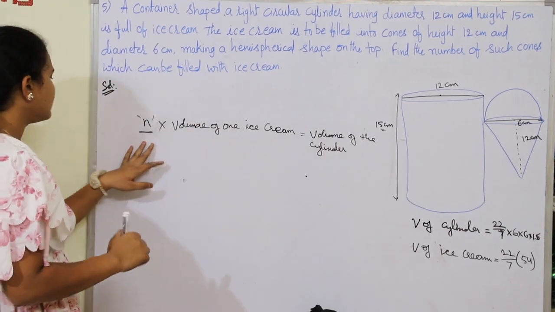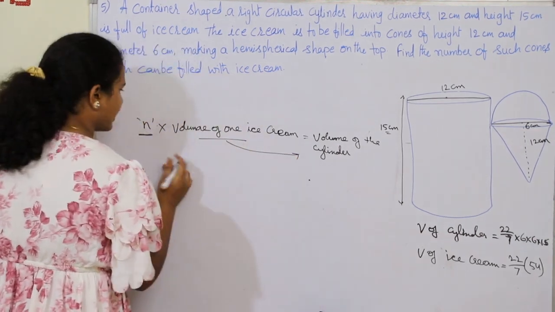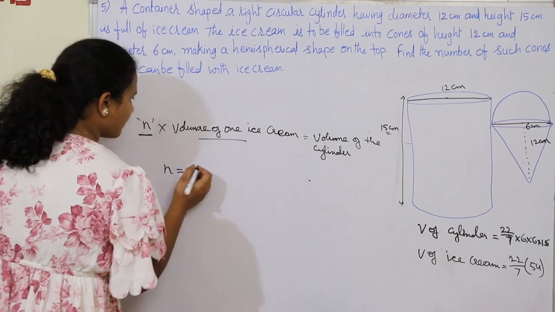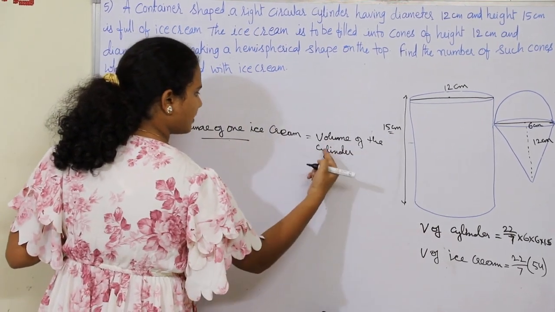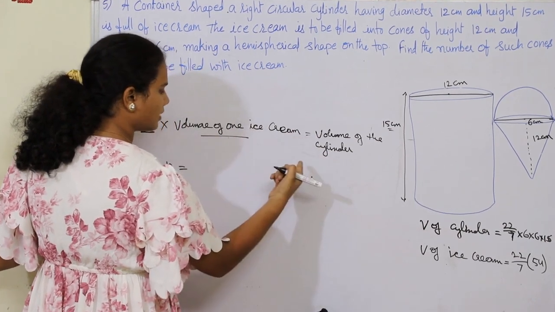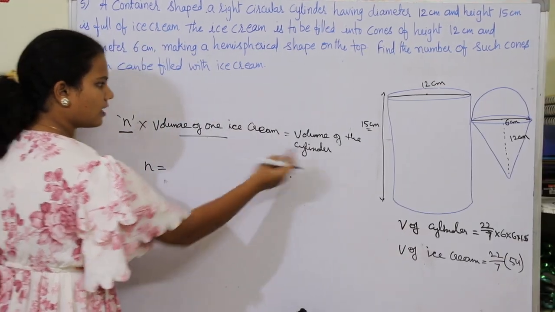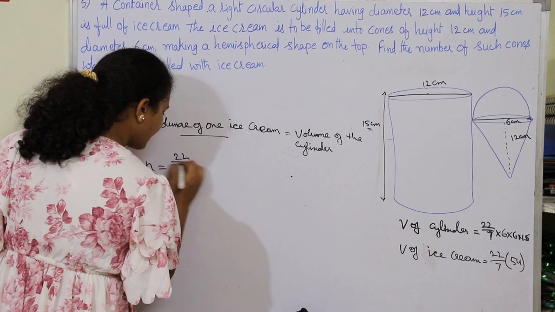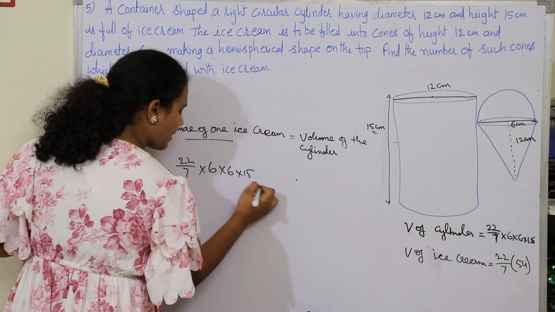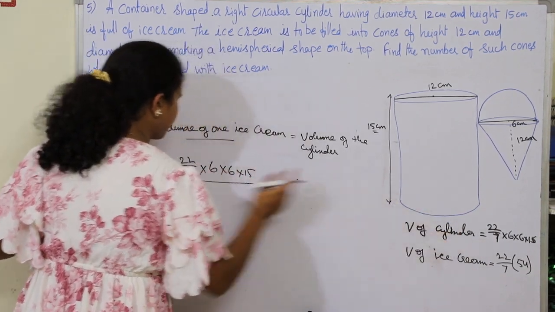So to find n, transpose this to the other side. n equals the volume of the cylinder divided by the volume of one ice cream cone, which is 22 by 7 into 6 into 6 into 15 divided by 22 by 7 into 54, right?